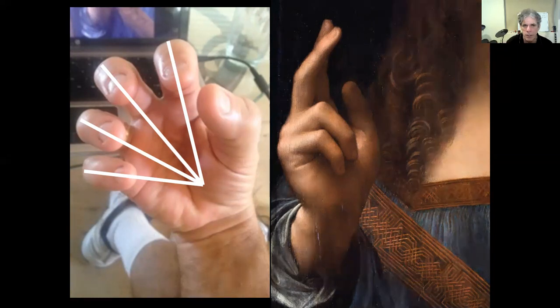What that tells you is that the 4th and 5th digits, your ring finger and your pinky, have to point back in toward the center of the palm somewhat, okay? The long finger points straight down the palm, but of course there's only 4 fingers there, so it's displaced slightly to the index side, okay? And then the index has to point slightly back in toward the center from the other side, okay?